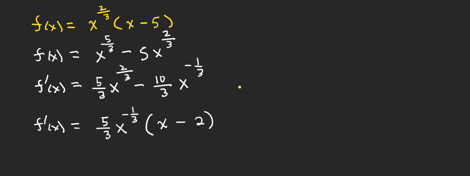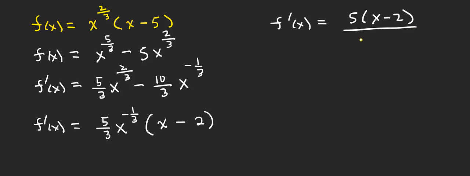Now I could rewrite this as f prime of x is equal to 5 quantity x minus 2 over 3x to the 1/3. This is f prime of x. Now when does f prime of x go to 0? Let's set it equal to 0.